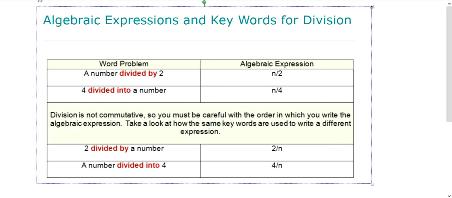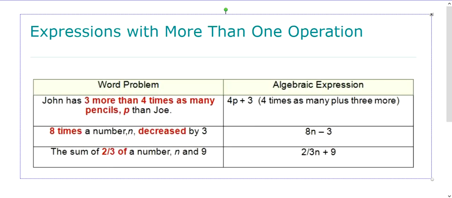So n, the variable, comes first. 2 divided by a number, 2 divided by the variable, 2 divided by n. Okay, so make sure you record these so when we look at some examples, you have these notes to look at.